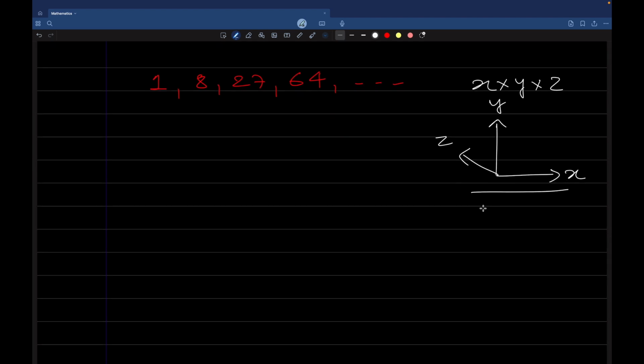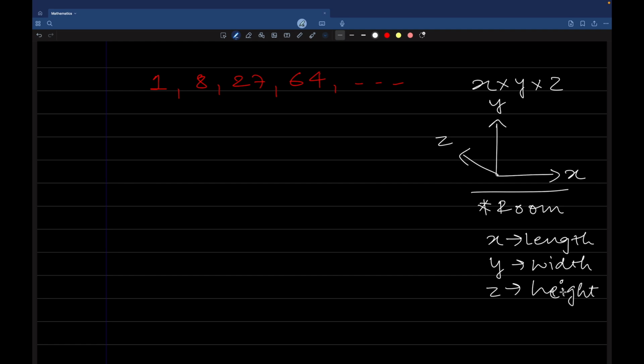In real life, this can be visualized in a room. In a room, we have the x direction as the length of the room, the y direction as the width of the room, and the z direction as the height of the room.